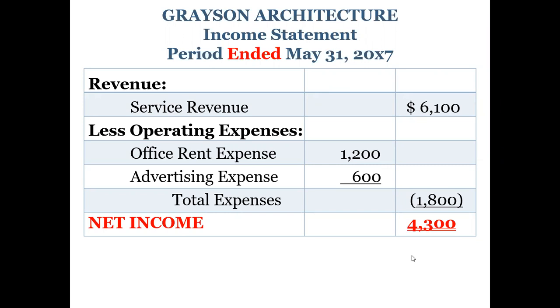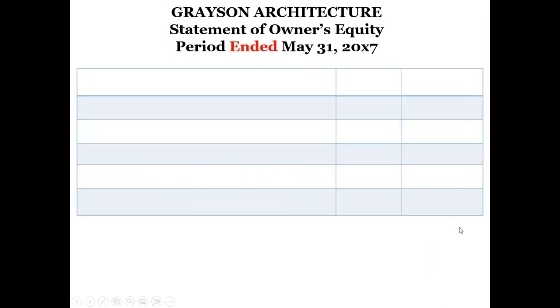The only difference, instead of saying income statement, it will say statement of owner's equity. So here, Grayson Architecture, statement of owner's equity for period ended May 31.